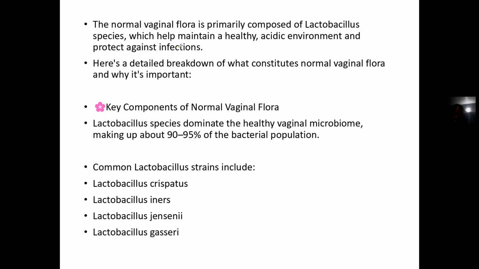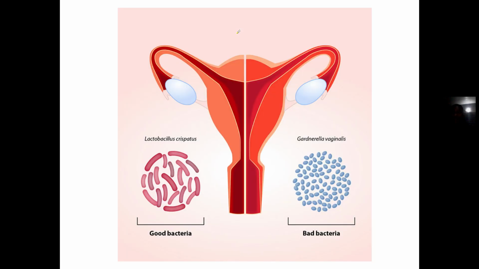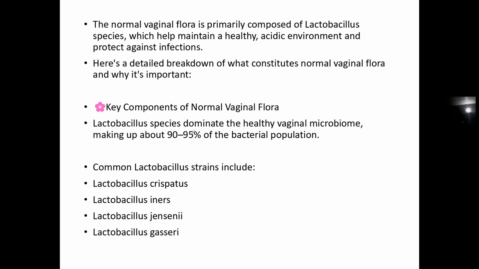So the normal vaginal flora, you should just know that it's primarily composed of Lactobacilli species. Now we call them normal because having them is an advantage. They help to maintain a healthy acidic environment that will keep protecting you against a lot of things like infections.